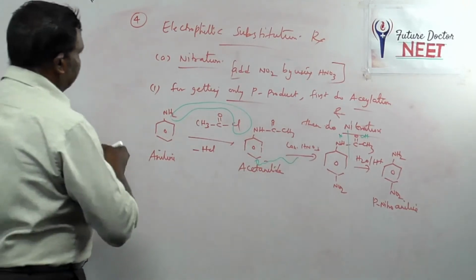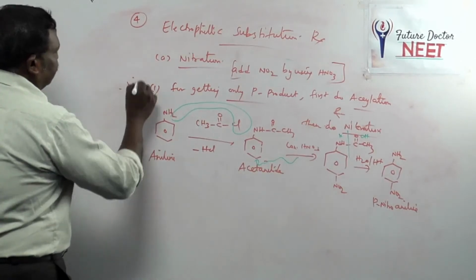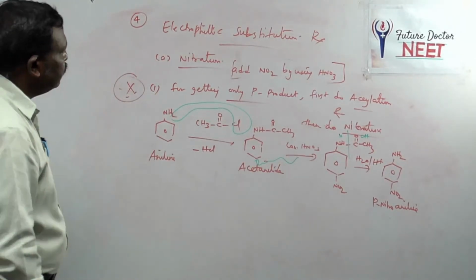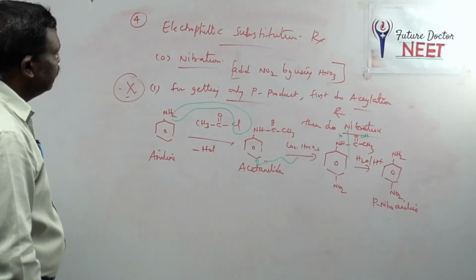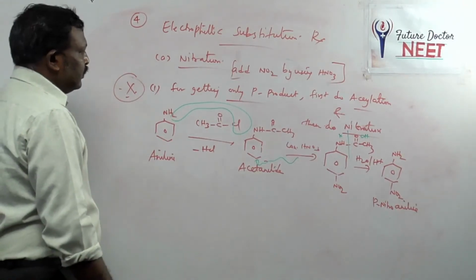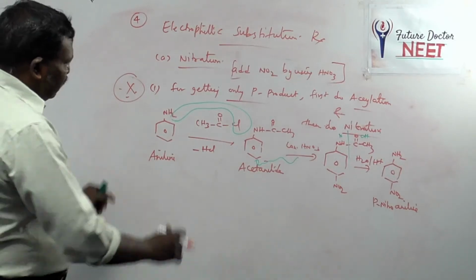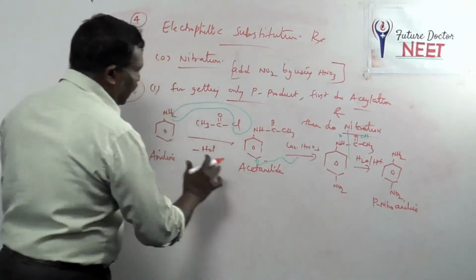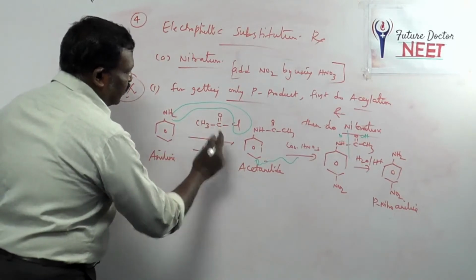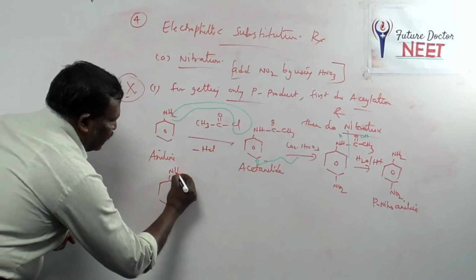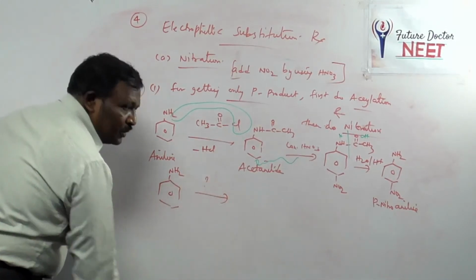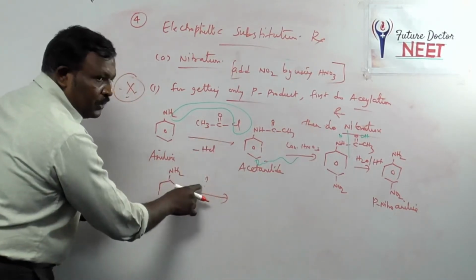Very important, this one, important symbol also. Study the reaction as it is. But they will ask like this. Suppose here they put a question mark. Suppose they will ask the question in this way.